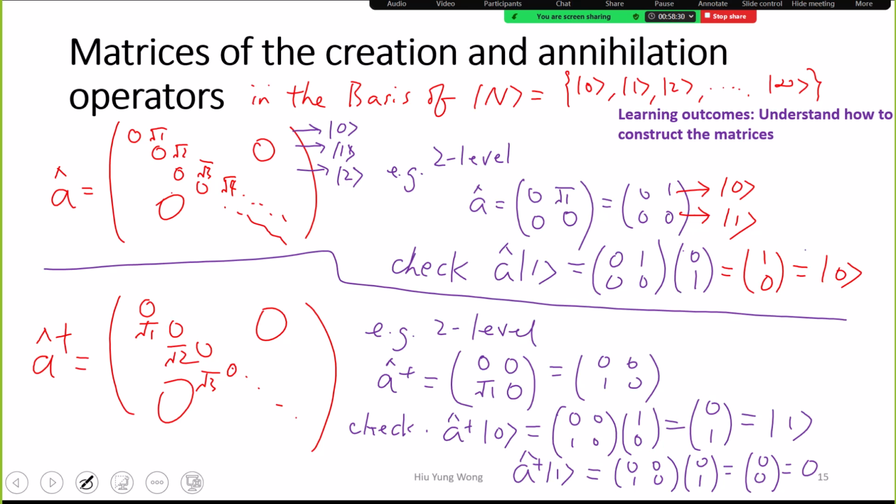So yeah, it just becomes something meaningless. It's not because the physics failed, but in your physical system, if you really only have 2 level states, it's meaningless to say I add one more quanta to it.